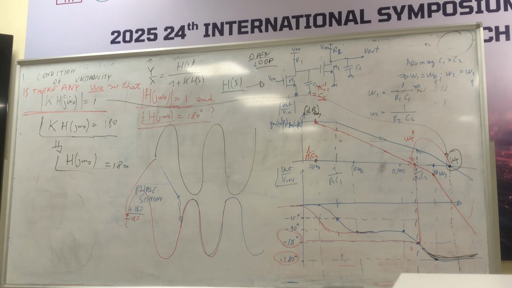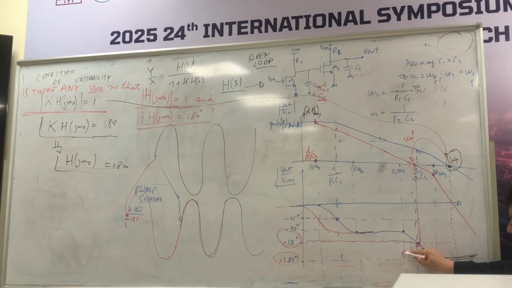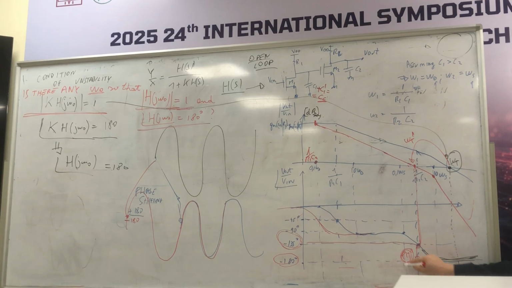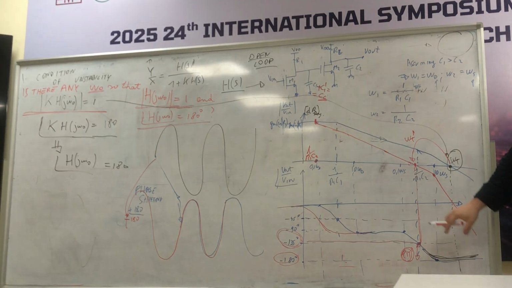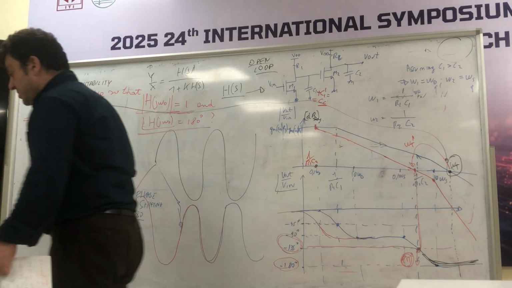And how far it is, is what is called phase margin, okay? So how far is it from the instability? How far it is means the phase margin, okay?